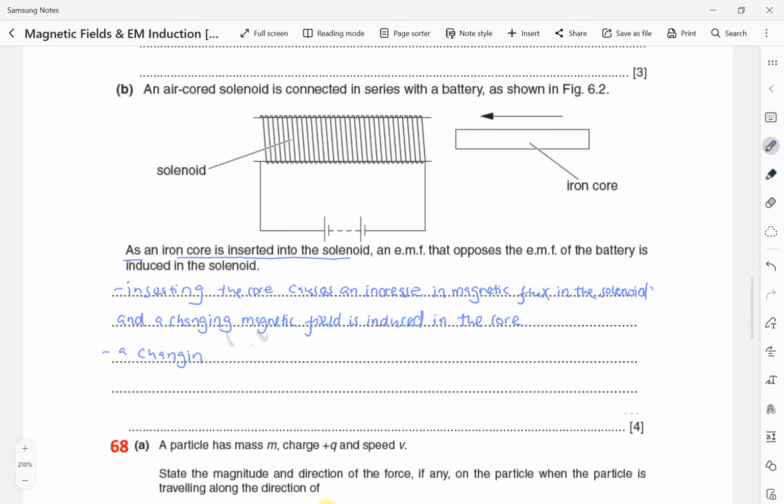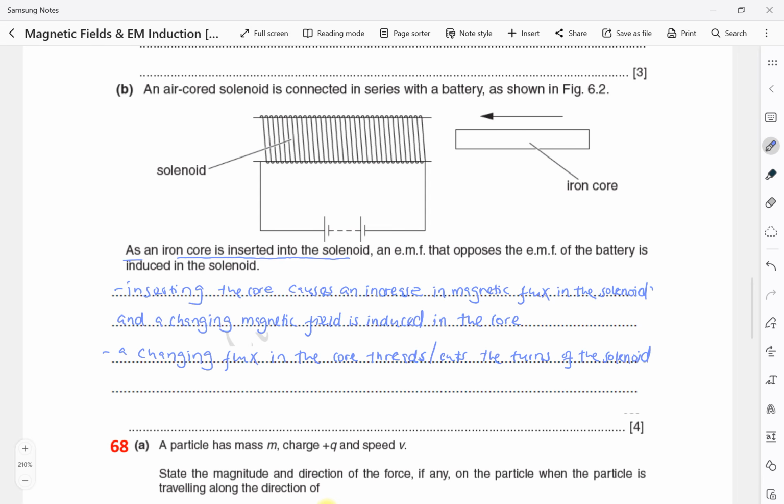So inserting the core has induced a magnetic field in the solenoid, but this is changing because the magnetic field causes the magnetic flux to concentrate or to grow.